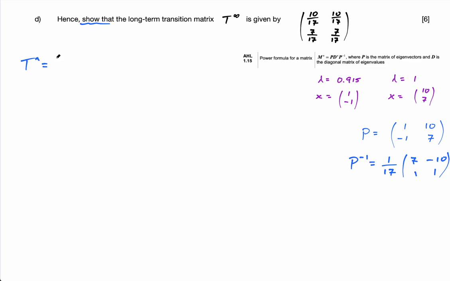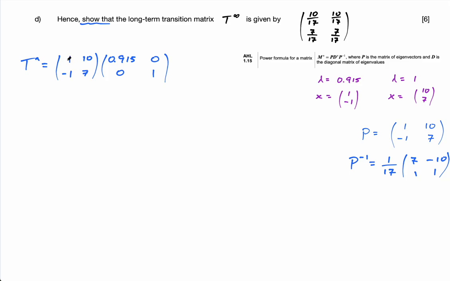So our P, I'm going to write all this out, is 1, negative 1, 10, 7. That's P. Our D is the diagonal matrix, which is 0.915, 0, 0, 1. This is a diagonal matrix of the eigenvalues.